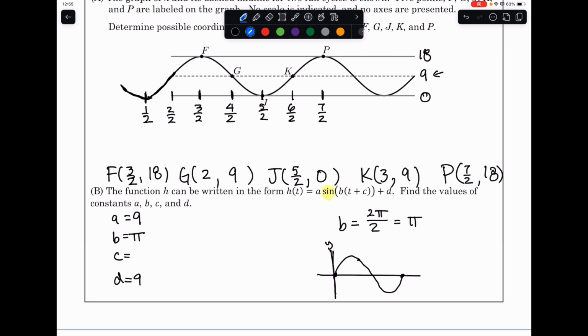So on the midline going up, the first shift of sine will go from this position of time equals 2/2 to point K. So this point right there. And since this 2/2 is equal to 1, our y-axis would be to the left of that. So to move it back to its original position, I would have to move it to the left 1 unit. So the value of C is -1.